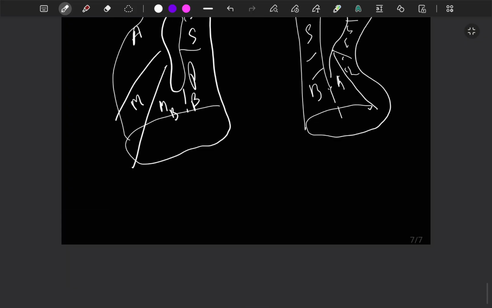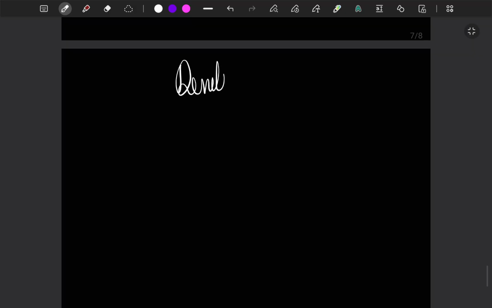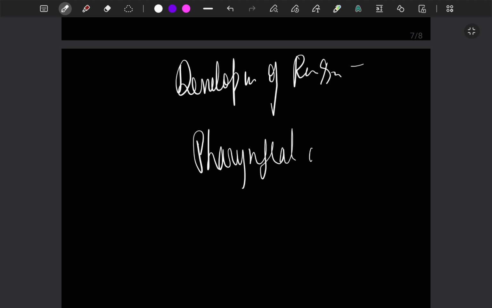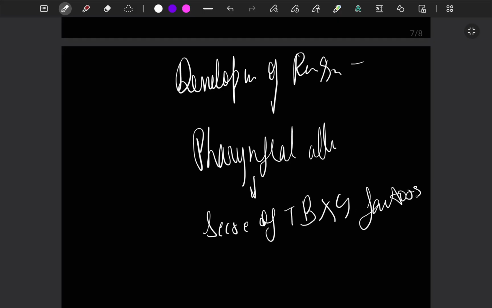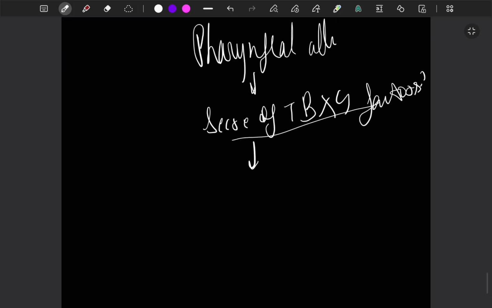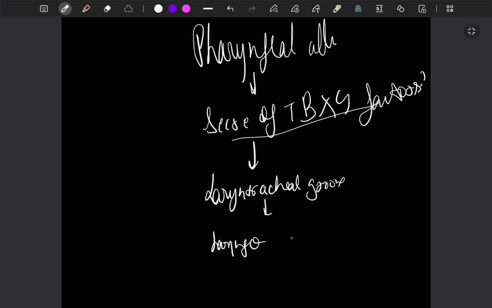Now going a little bit deeper into the development of the respiratory system. There are something called pharyngeal cells, which lead to secretion of TBX4 factors, which leads to the formation of the laryngotracheal groove for the laryngotracheal tube.